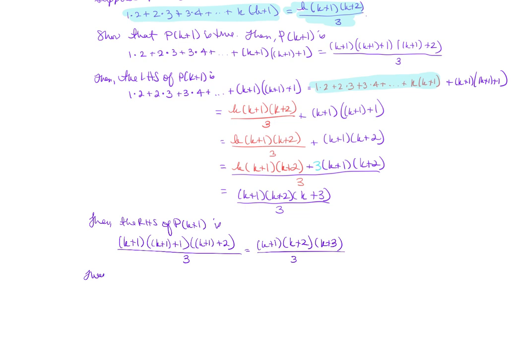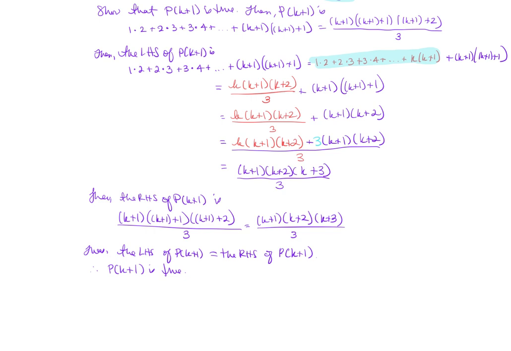So thus, the left-hand side of p of k plus 1 equals the right-hand side of p of k plus 1. Therefore, p of k plus 1 is true.